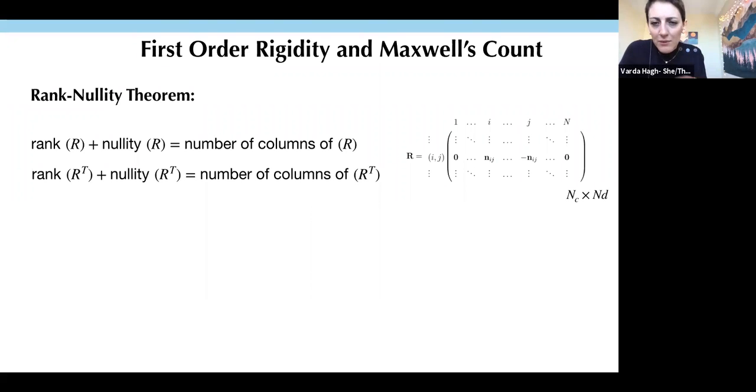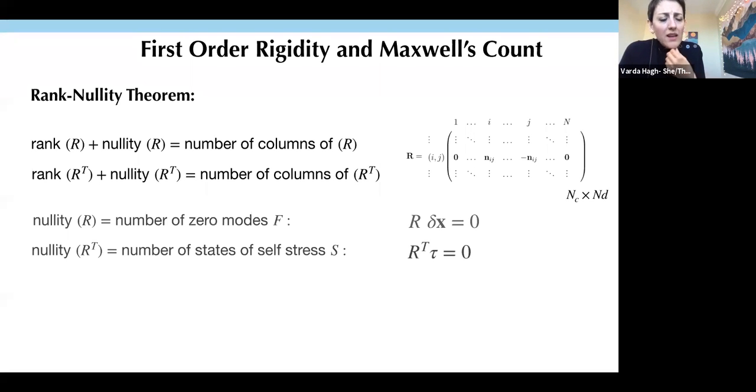Now we can write this rank nullity theorem also for the transpose of the rigidity matrix, because remember that the transpose of the rigidity matrix relates the tensions on the bonds to the nodal forces, and the rigidity matrix itself relates the motions of the nodes to the changes in the bond length, or the distance between the two particles. So nullity of R is just the number of zero modes, which I'm going to show with F. Why?